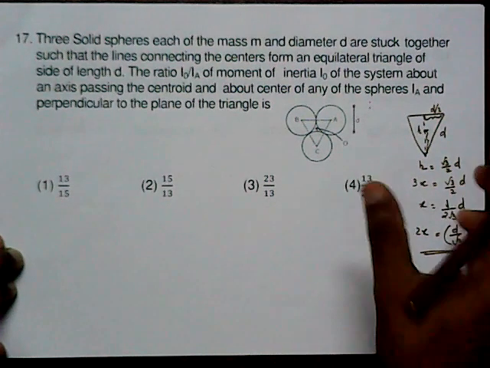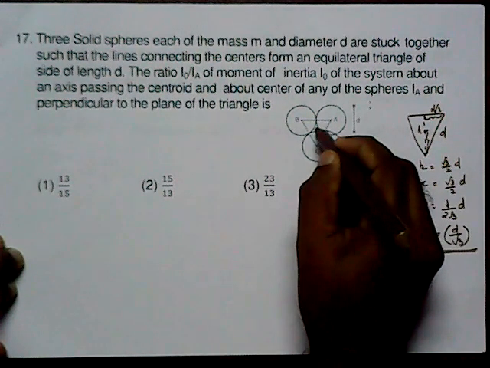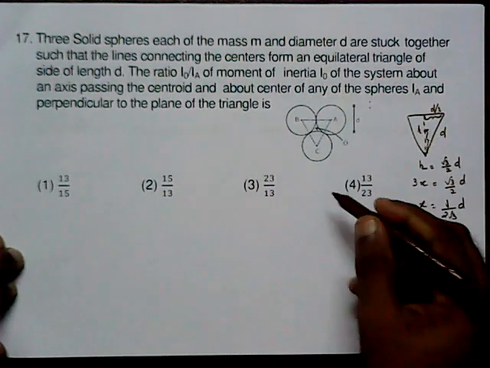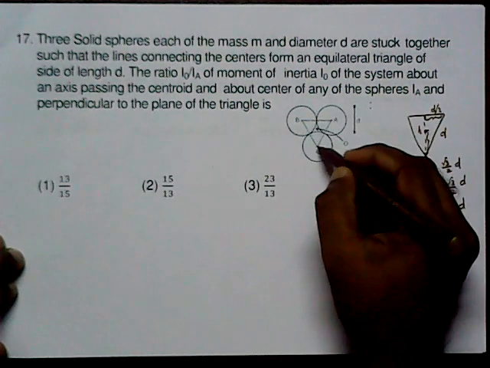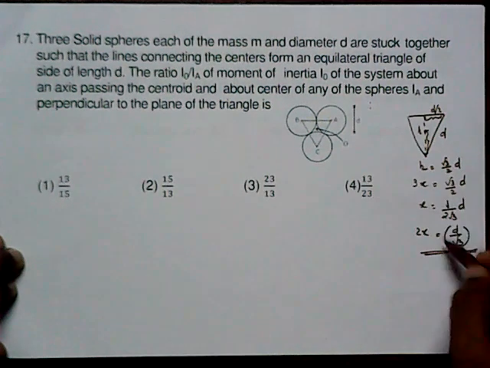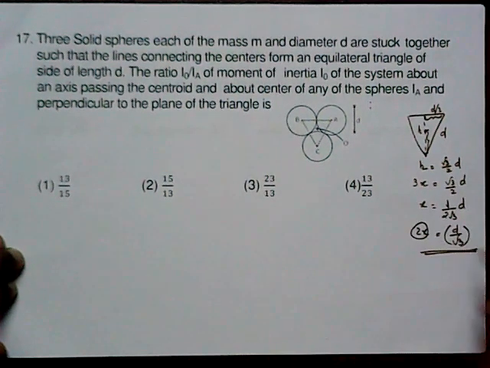So based on that, what is the moment of inertia about O? The three particles are on the corners, with the separation simply d by root 3.